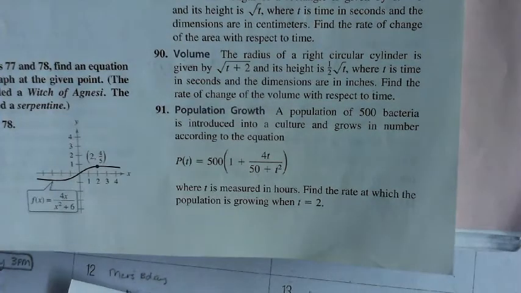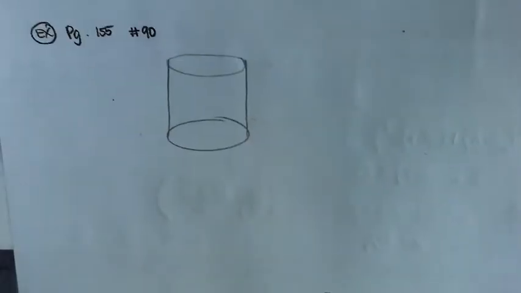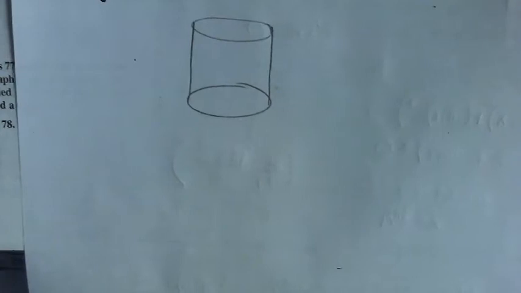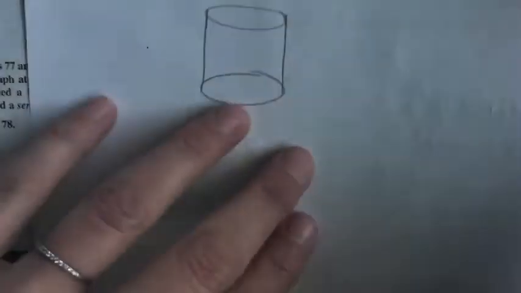Number 90. The radius of a right circular cylinder is given by root t plus 2. What do my good little math students do right now? Before that, I haven't even read the rest of the question. Draw a picture. I don't know if you need it, but it's always helpful to have your mind in the right place. So the radius of that is root t plus 2.